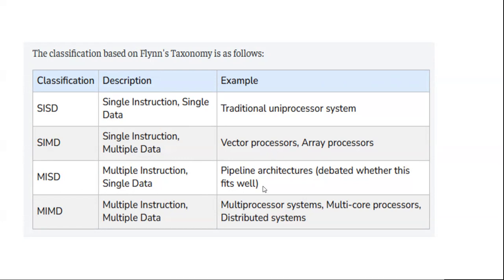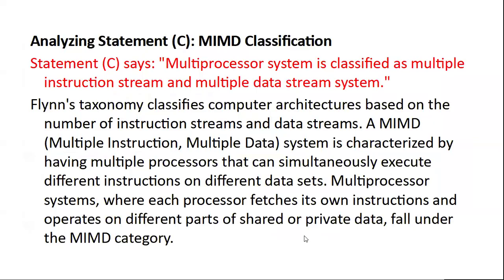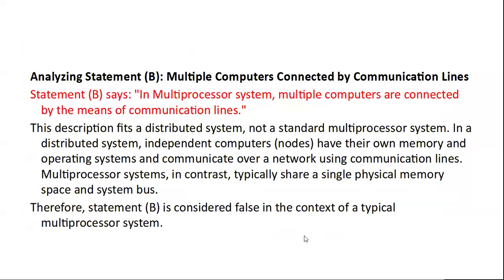This is the kind of architecture we can see in pipelining. But MIMD, multiple instruction, multiple data, is used in multiprocessor systems, multi-core processors, and distributed systems. So in this question, option B is wrong.